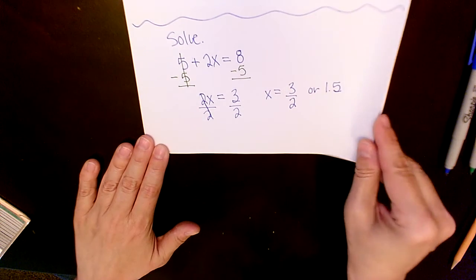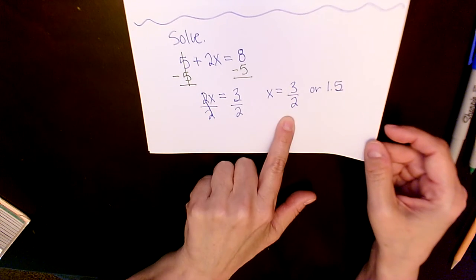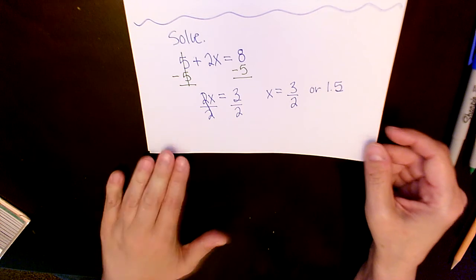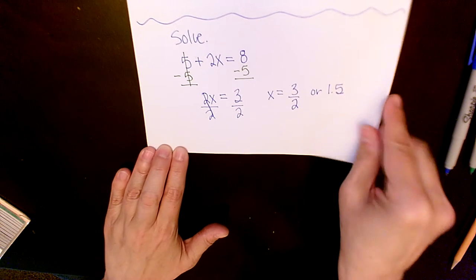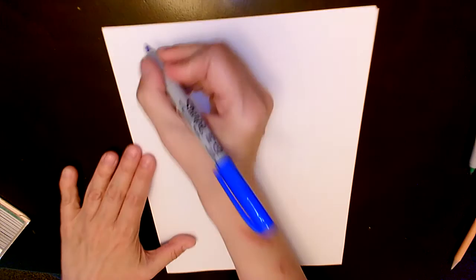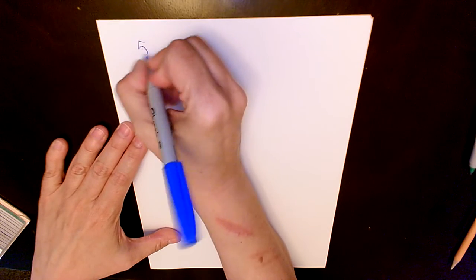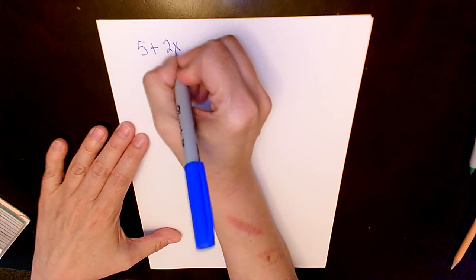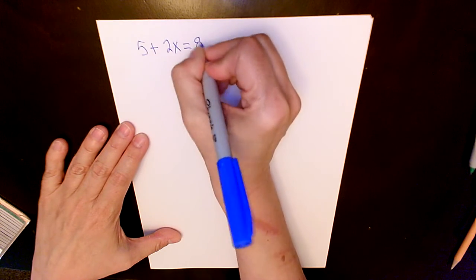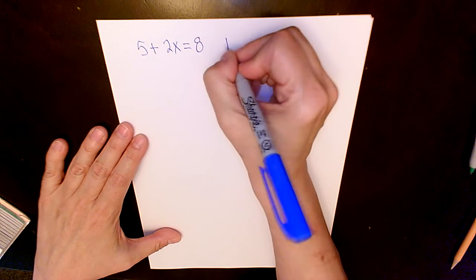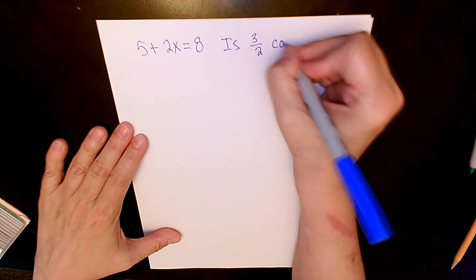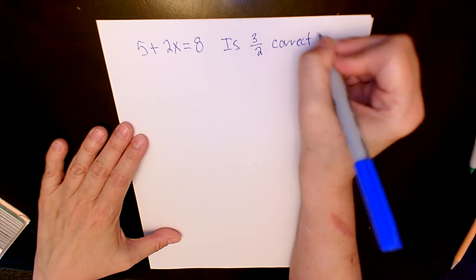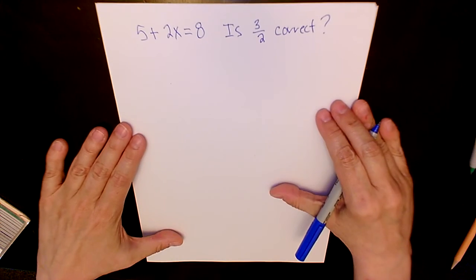Let's do a quick check. I'm going to check it with the 3/2. So 5 plus 2x equals 8. And let's see, is 3/2 correct?